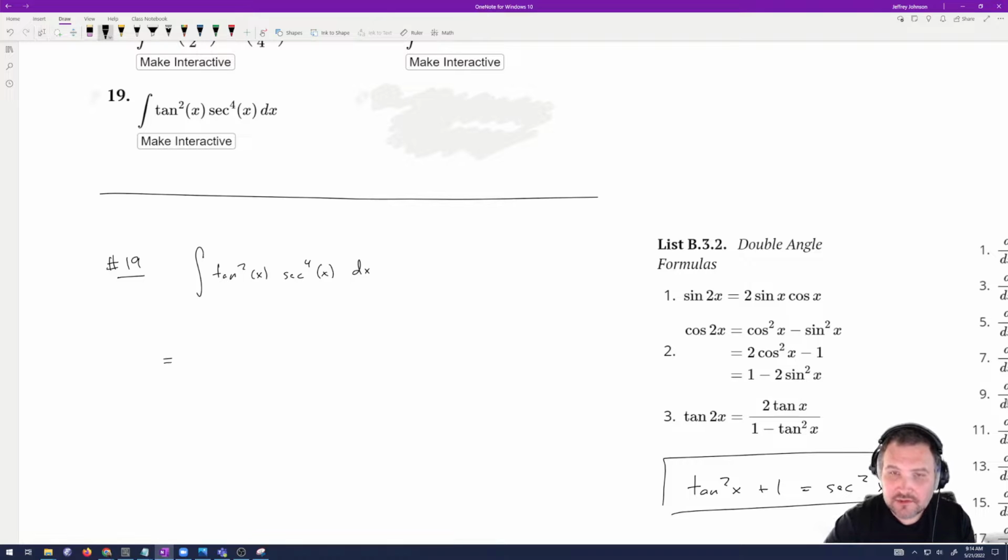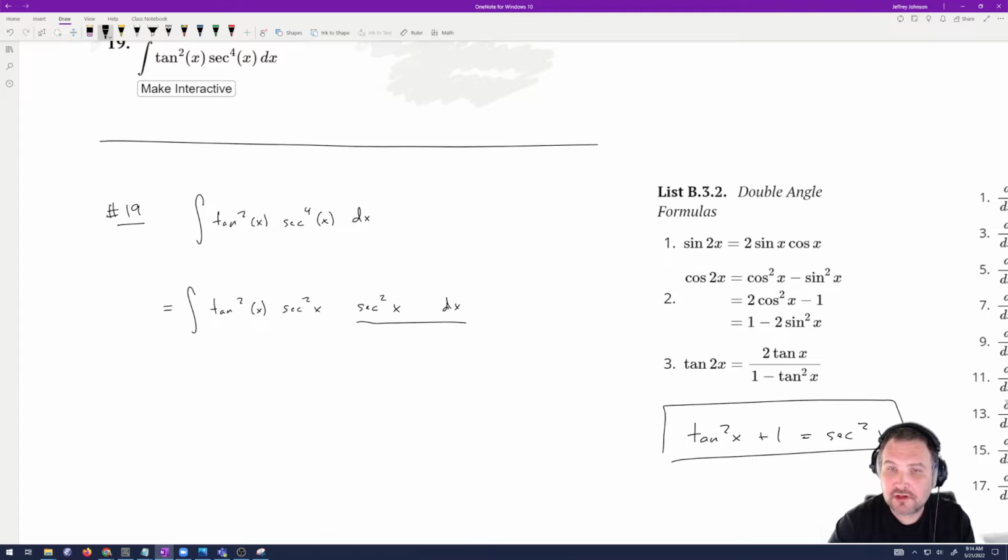We have the tan squared that's already there, and we have secant squared x and then secant squared x. So we're peeling off a secant squared x, and this one we'll leave alone. But the other secant squared x we can replace as tangent squared plus 1.